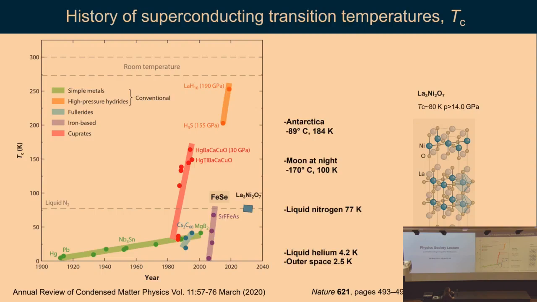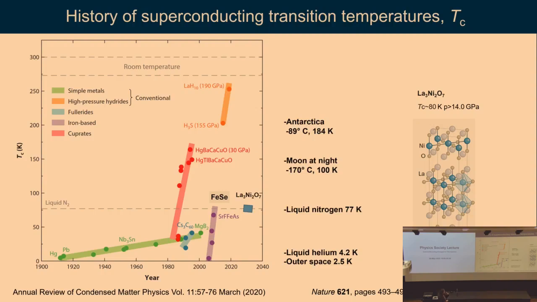Over the last 10 years or so, systems very close to room temperature have been discovered. They are unfortunately only working at very high pressure, so in a very confined environment, in a pressure cell at 190 gigapascal. That's very close to the core of the Earth. This is how much pressure one has to generate.